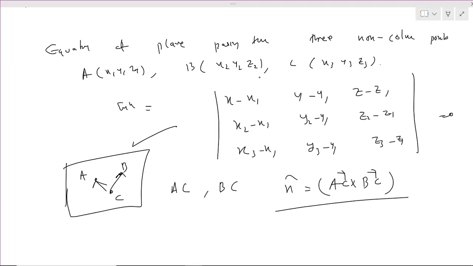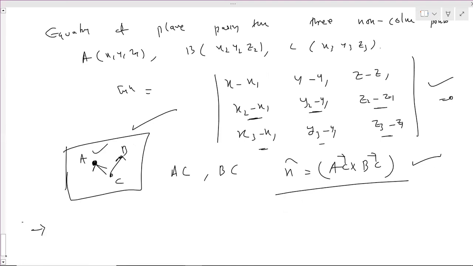After you get the normal vector, you already have a point, then you can write the equation of plane very easily. Yes or no, guys? Yes, sir. You can do this or that, no issues. Using determinant, it's very easy. This looks very complex, but these will all be values, so opening the determinant will not be very tough.